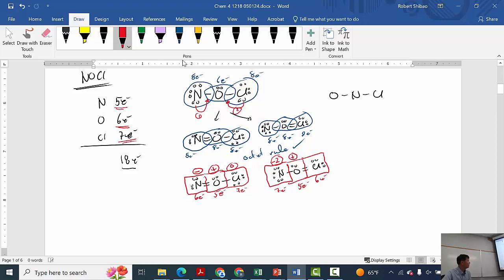And therefore it lost 1 electron, giving it a positive charge. So the way I read this is that nitrogen is in a tug of war with oxygen and chlorine and manages to take an electron from oxygen and take an electron from chlorine. Does that look likely? This looks even worse, right, than this one.